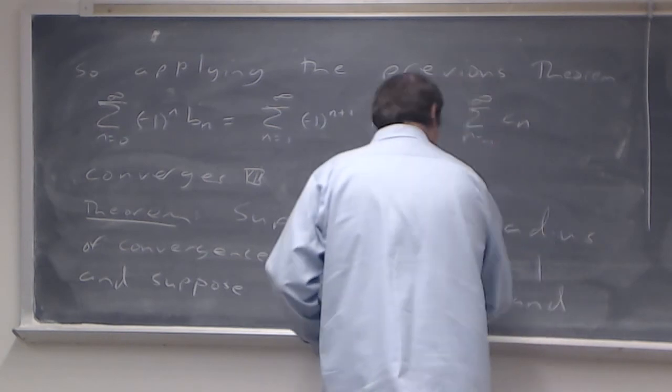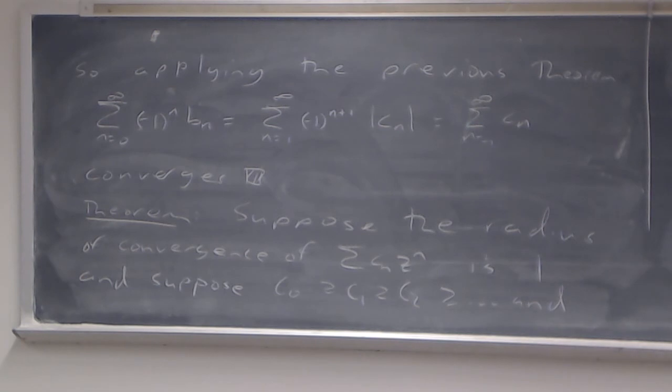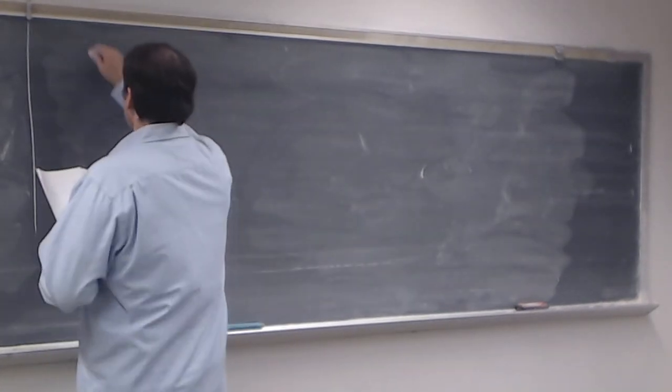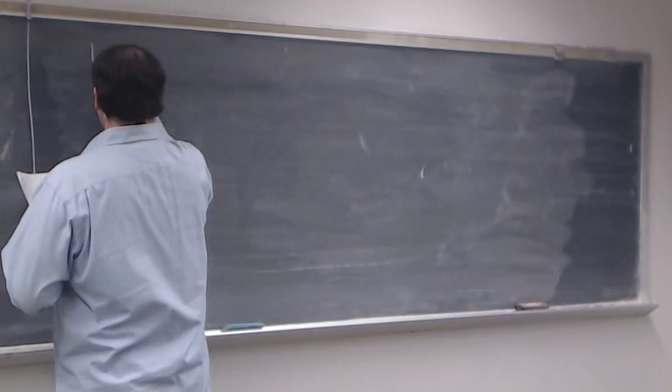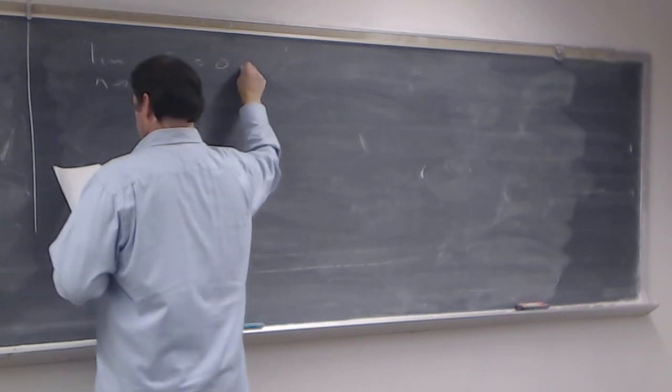And we're also assuming the limit as n goes to infinity of c sub n equals 0.